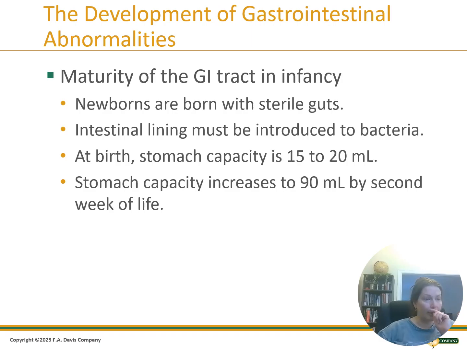At birth, our infant's stomach is quite small, with a capacity of about 15 to 20 milliliters. There is rapid growth in the first few weeks of life, with the stomach capacity increasing to about 90 milliliters by the second week of life. This allows for greater feeding volumes as the GI tract matures.